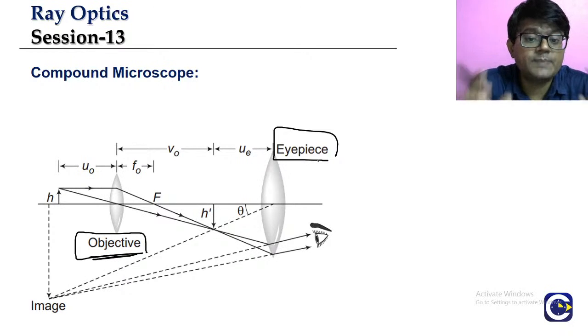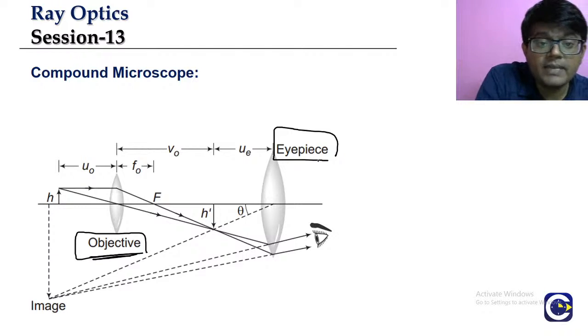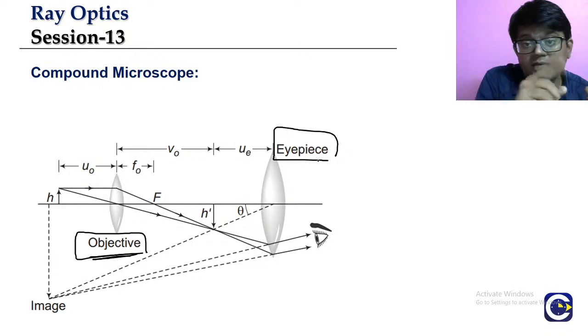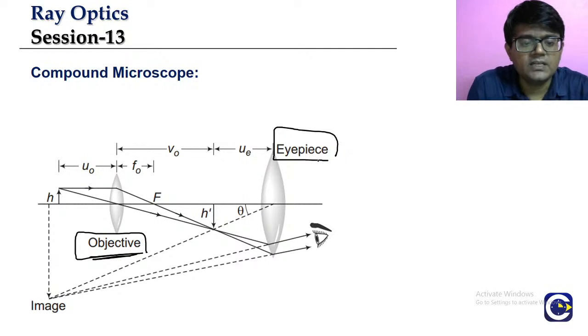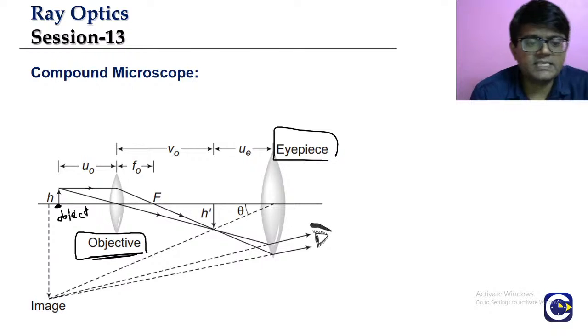We will see what the specifications are, because in the previous case, remember, in case of the simple microscope, we said the lens should have a smaller focal length. Why? Because from the magnifying power formula, if the focal length is less, the magnifying power will be high. So here the objective is the one that we keep closer to the object. This is where our object is, and this h is the height of the object.